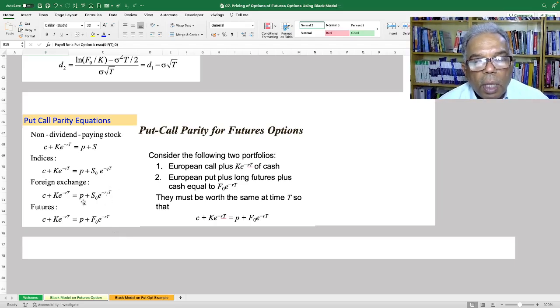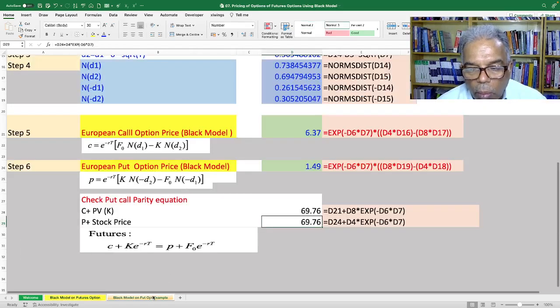If we are pricing a currency option, call plus present value of K, using the domestic rate of interest, is equal to put plus stock times e^(-foreign currency rate times time). So the put-call parity for a European option has slight modifications as we modify the model.